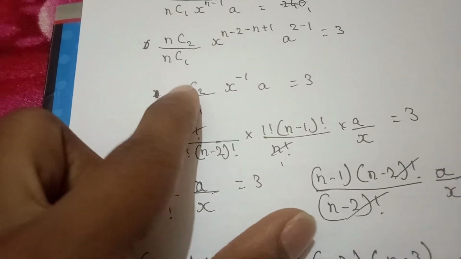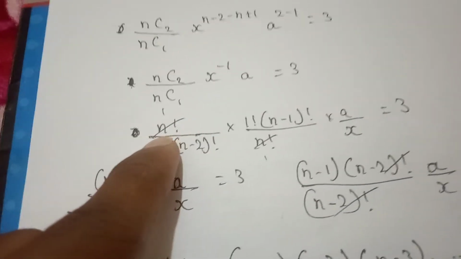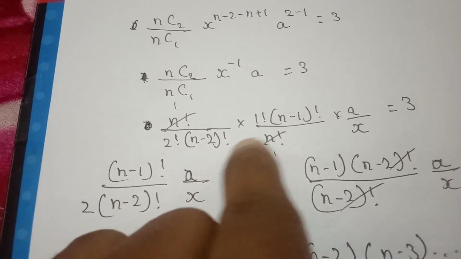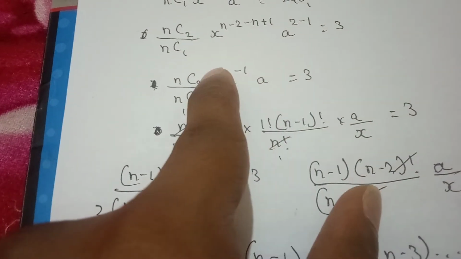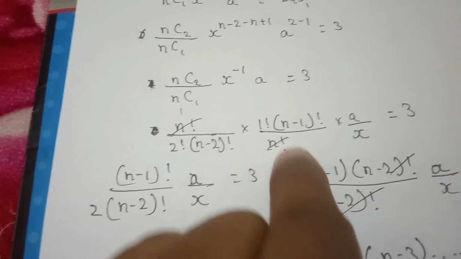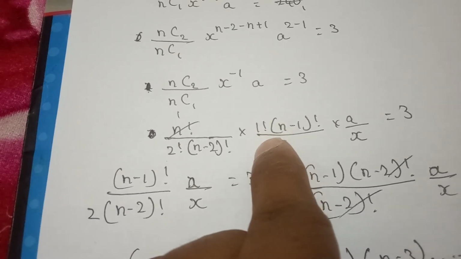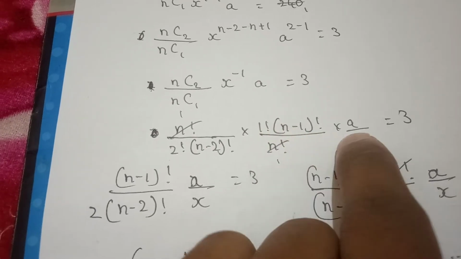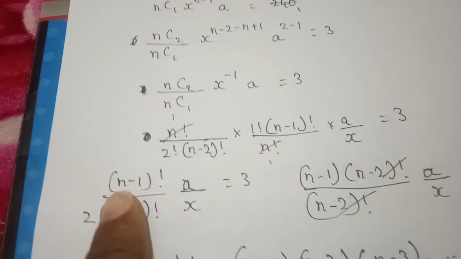And then we should expand it into the factorial form. It would give us n factorial divided by 2 factorial of (n minus 2) factorial, multiplied by, after taking the reciprocal, 1 factorial of (n minus 1) factorial divided by n factorial multiplied with a by x, equal to 3.